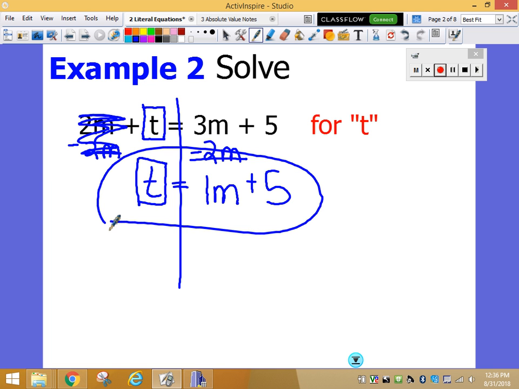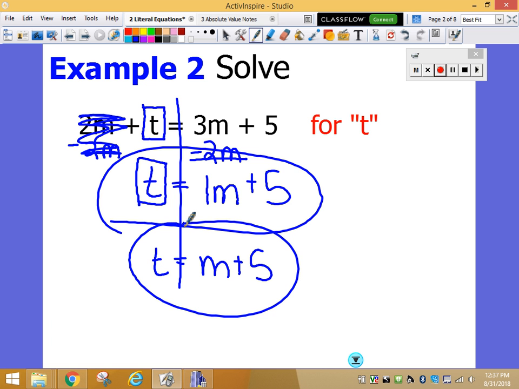So this is my answer. t equals 1m plus 5. Now, do you need to put that 1? No. Okay? Because we've seen problems where people write it like this, and we know what number is in front of that m, a 1. So both of these are correct. I'm not going to take off points if you put the 1. I'm not going to take off points if you don't put the 1. Okay, both of them are perfectly fine answers.